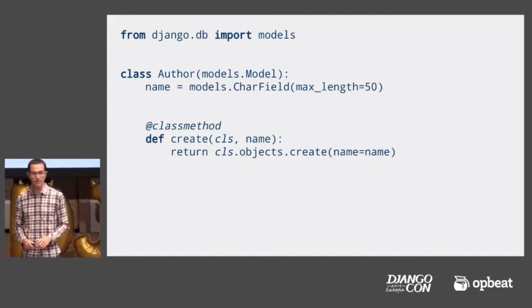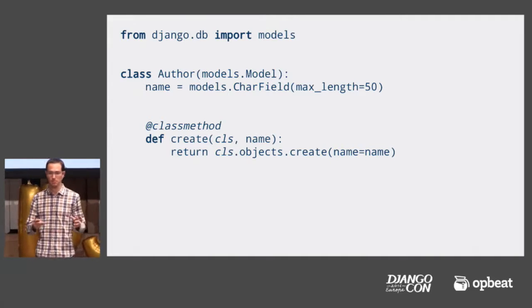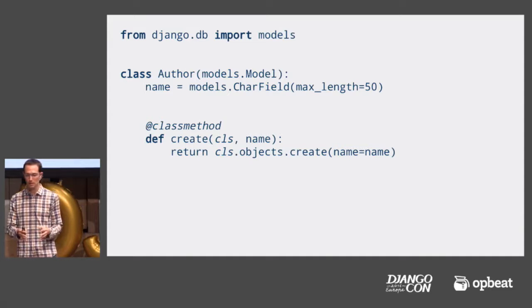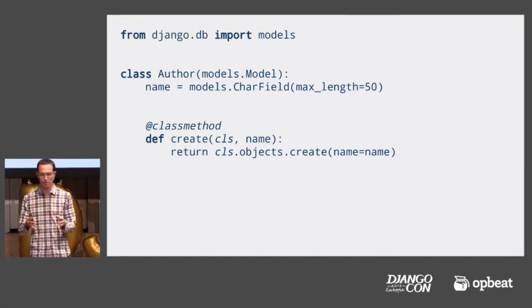The create author call in this example is just a demo thing for all the places in your entire project where you create an author. So if it's in a view and you run Author.objects.create, this is a stand-in for that.